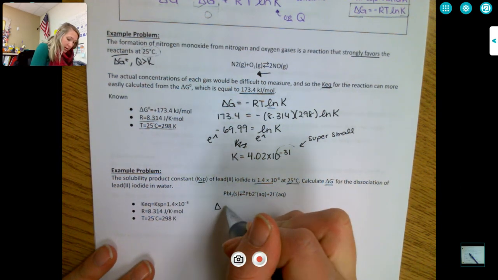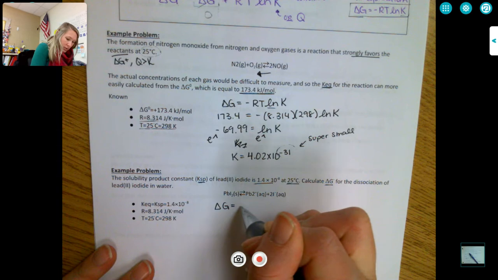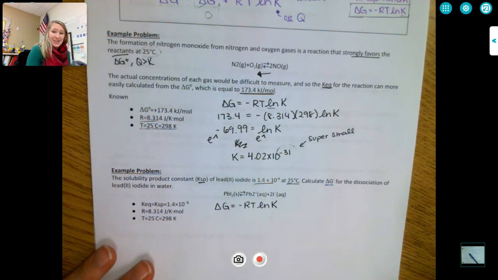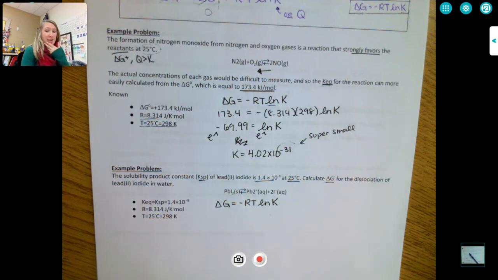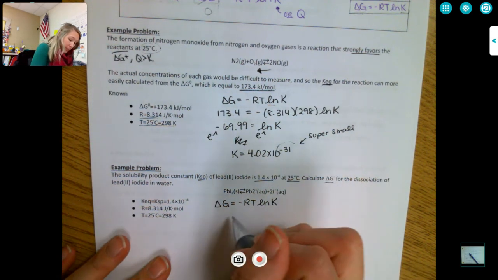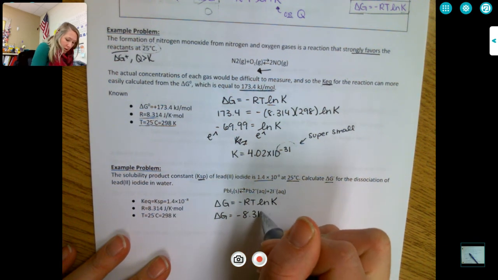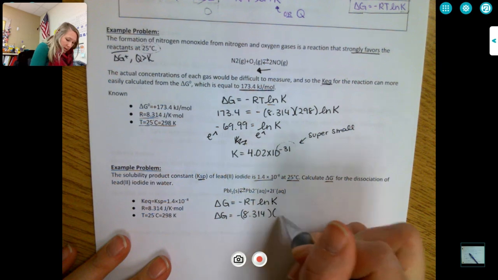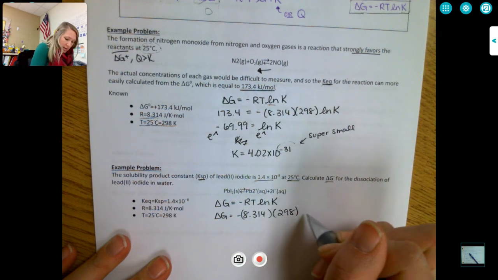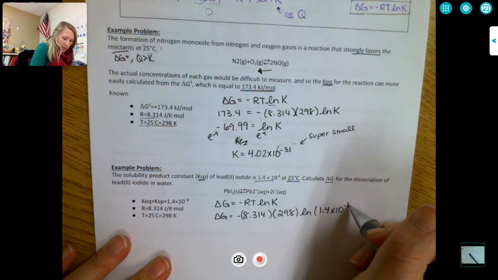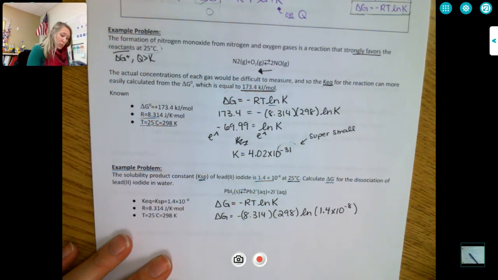Again, delta G is equal to negative RT ln of K. We can figure out whether this happens spontaneously or not, instead of having to look at Q and K values together. So we plug in minus 8.314, temperature 298, natural log of 1.4 times 10 to the negative 8, which is just our Ksp value.